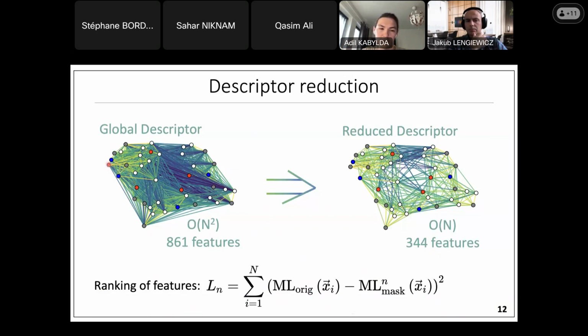So, for example, if we remove this feature and we see that nothing really changes and the model is still accurate, it means this feature is irrelevant. We can remove it from the model. And if we remove one feature and the model suddenly performs much worse, it means this feature is important. So we rank the features according to importance, and then remove every 10%, 20%, 30%, and so on. And in this way, we arrive at the reduced descriptor.